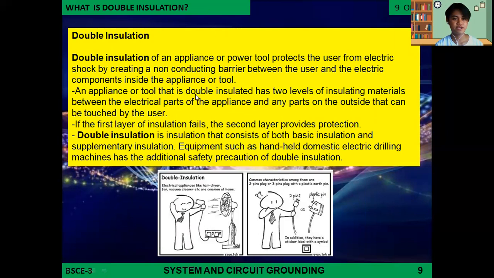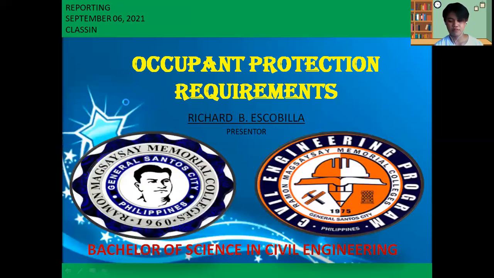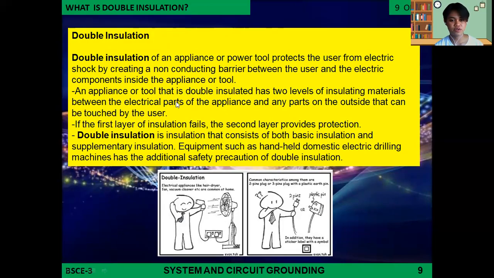And the third one, what is double insulation? Double insulation of an appliance or power tool protects the user from electric shock by creating a non-conducting barrier between the user and the electrical components inside the appliance or tool. An appliance or tool that is double insulated has two levels of insulating material between the electrical parts of the appliance and any parts on the outside that can be touched by the user.